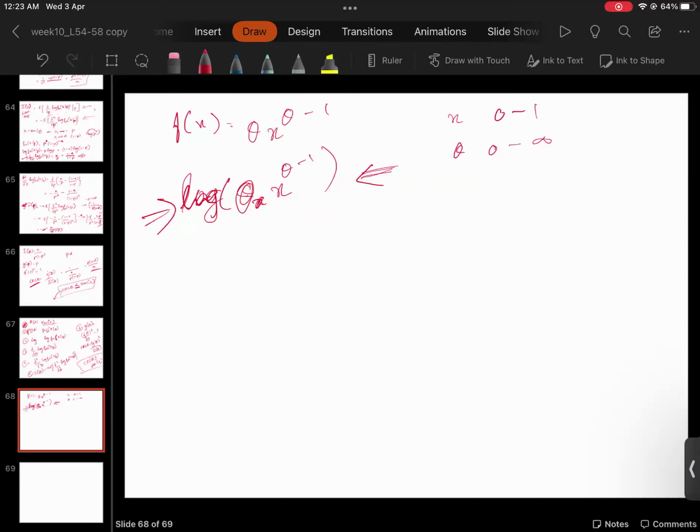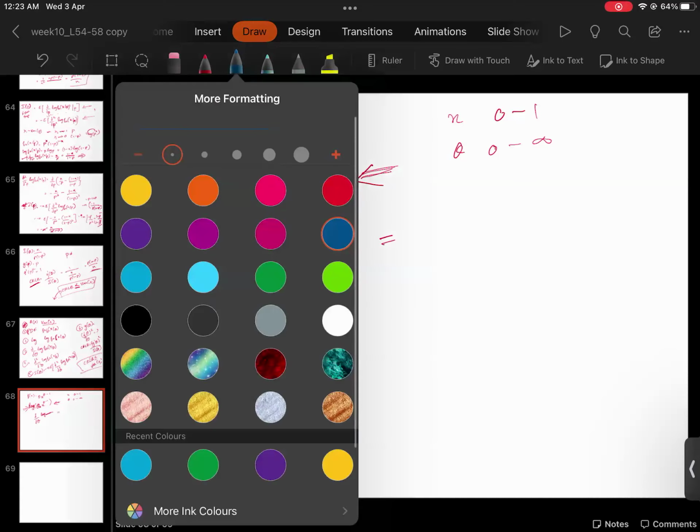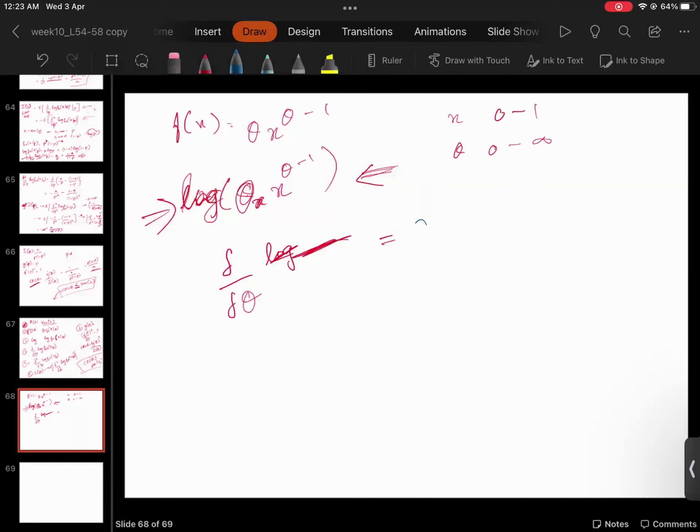And then after you do this, whatever answer you get, you differentiate it in terms of theta. Then you'll get another answer, and again you differentiate this answer in terms of theta.